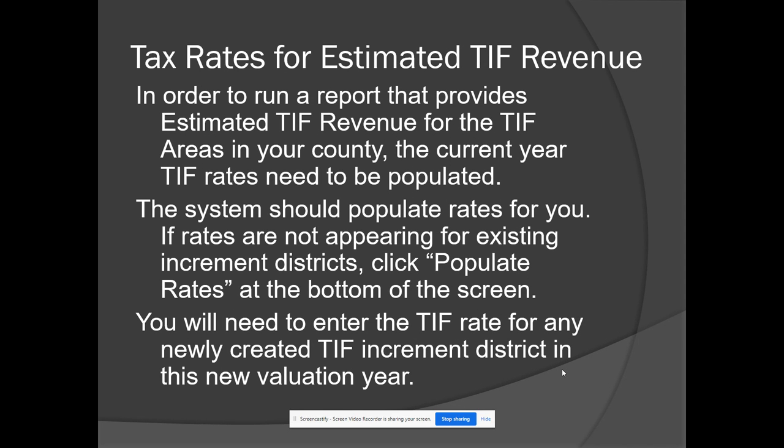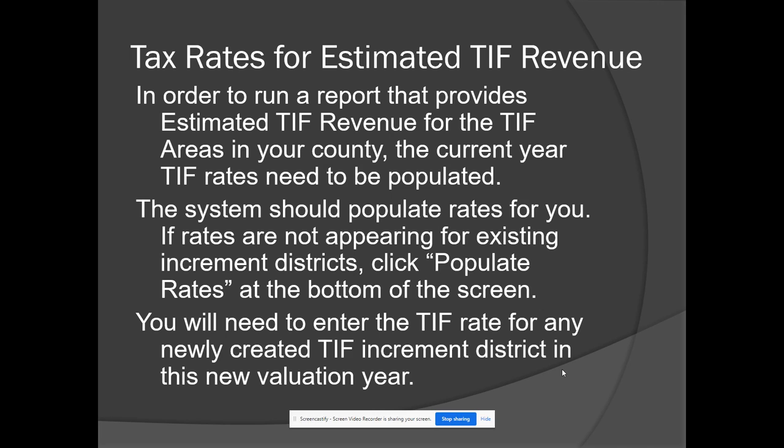And there are some reports in our system that you're going to want to be able to use. So in order to run a report that provides for estimated TIF revenue for the TIF areas in your county, current year TIF rates need to be populated in the system, and it should do that for you. If for some reason you didn't see those existing rates populated in there, you can click Populate Rates at the bottom of the screen.